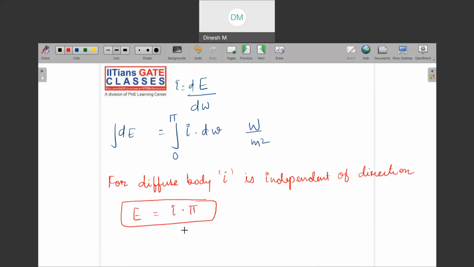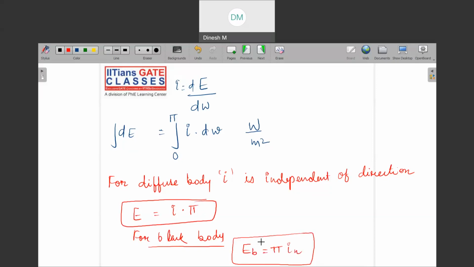So for black body, how can I write it down? A black body is also a diffuse body. So for black body, E is nothing but EB. Then can I write this is pi into IN?